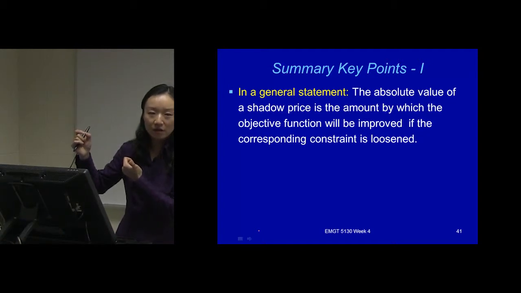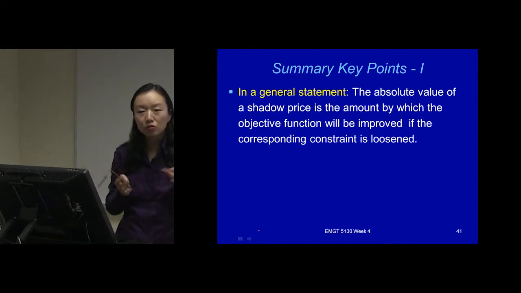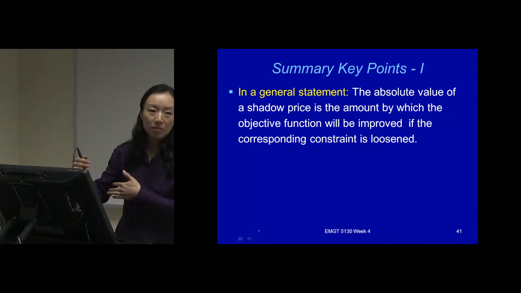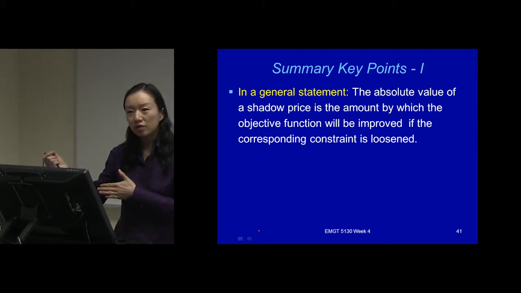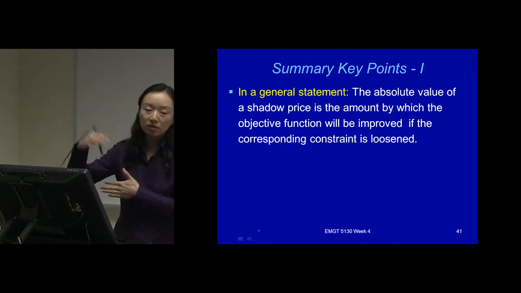If it's a minimization problem, say minimize the total cost, the shadow price may be negative. Think about that, because when you increase the resources available, you may decrease the total cost.